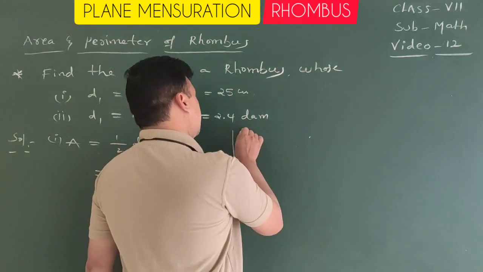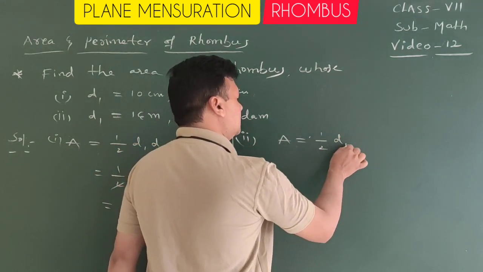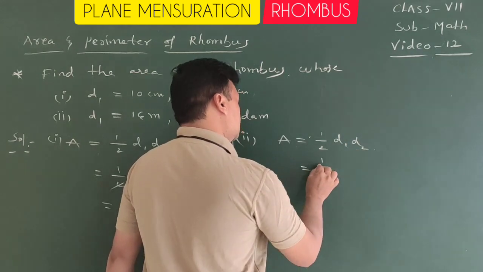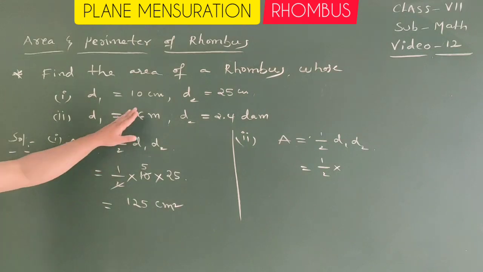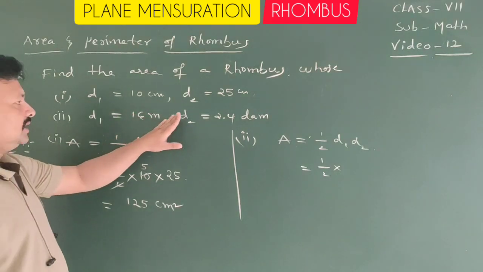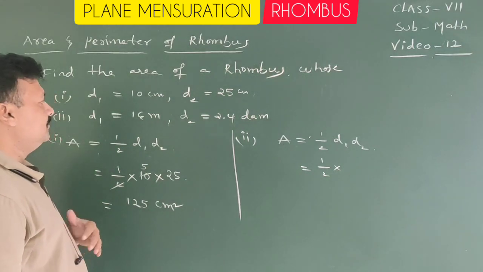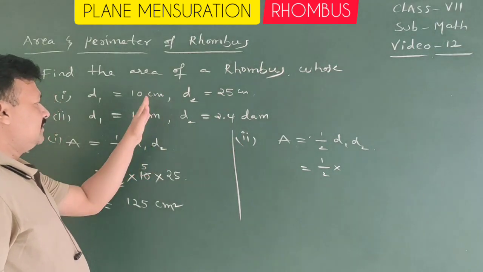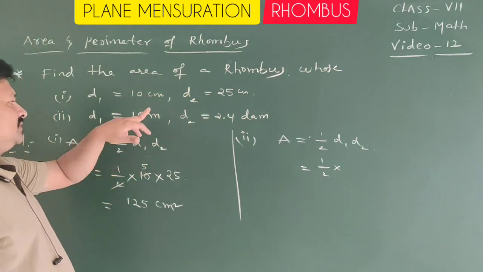Next, for the second rhombus, again area equal to half d1 d2. If you want the answer in meters, decameters need to be converted into meters. If you want it in decameters, meters need to be converted into decameters.